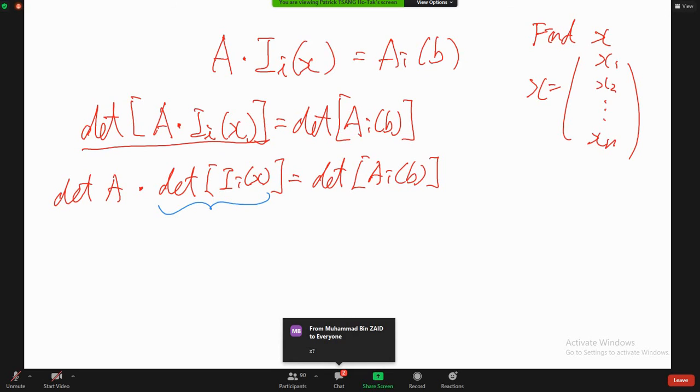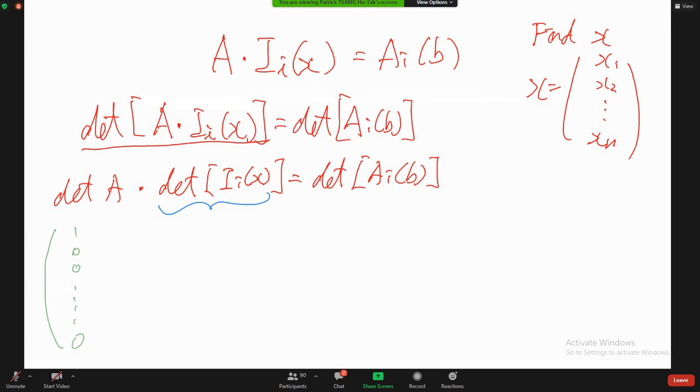This is x. So in order to make it more visible, maybe I write it here. Very good. I'm super happy to see you get the right answer. So actually, I_i(x) represents something like this. The first column is still 1, 0, 0, 0, 0, the original identity matrix.